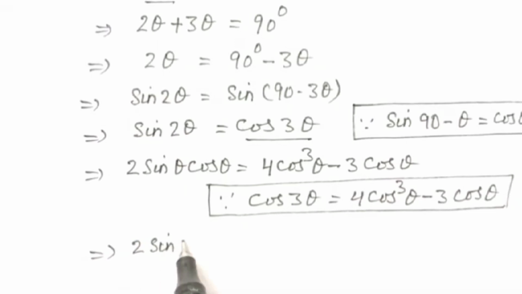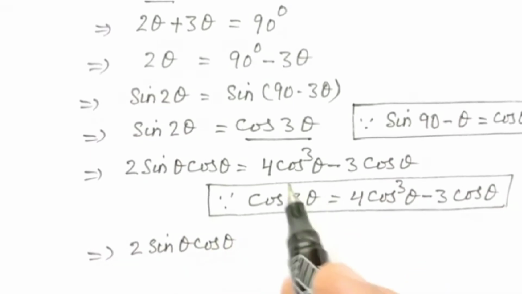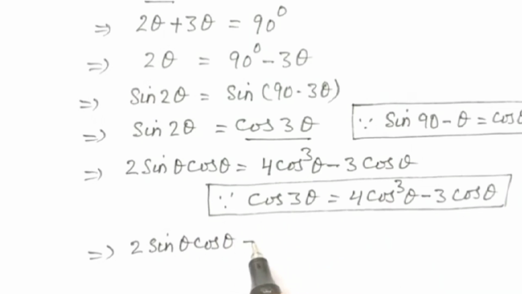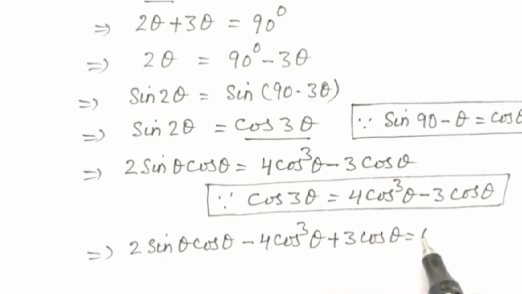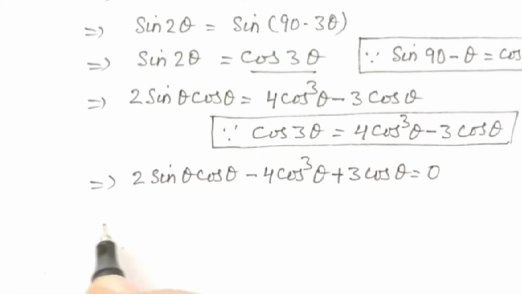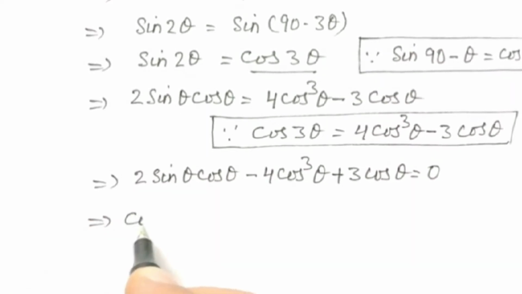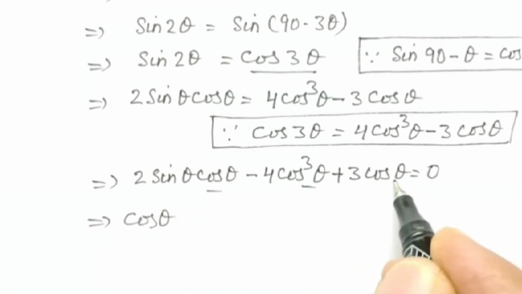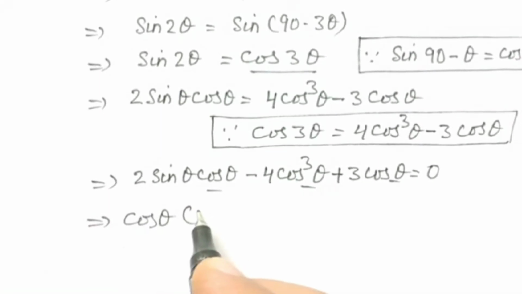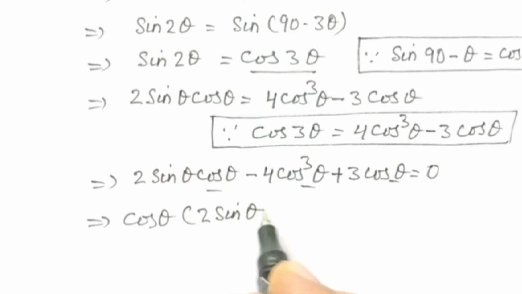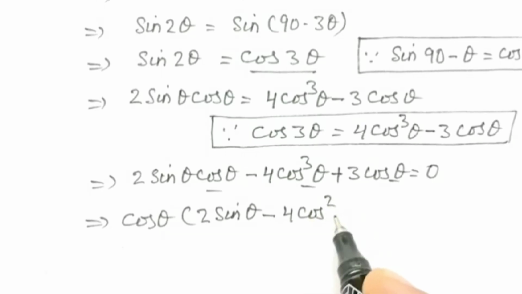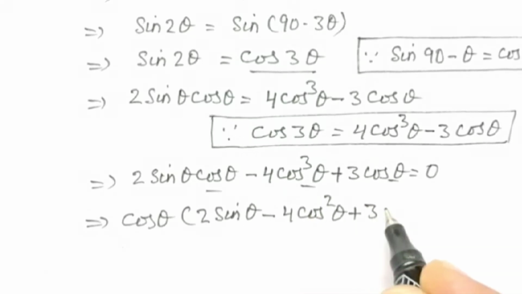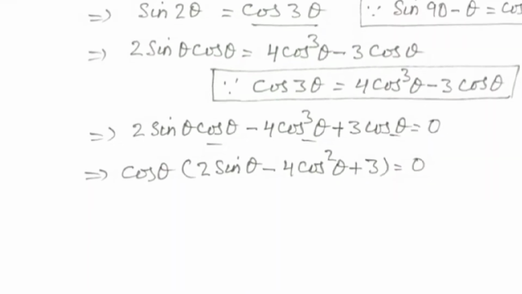Now 2 sin theta cos theta, if we rearrange the equation, so minus 4 cos cube theta plus 3 cos theta is equal to 0, right? If we take cos theta as common, so cos theta times 2 sin theta minus 4 cos square theta plus 3 is equal to 0, right?